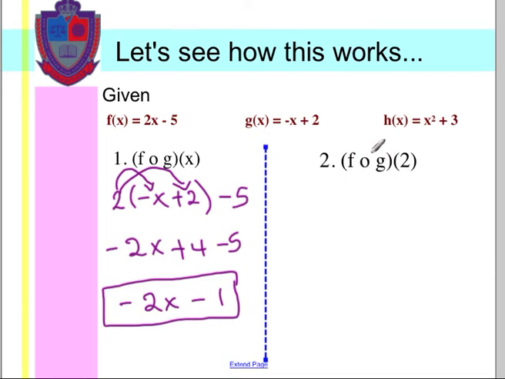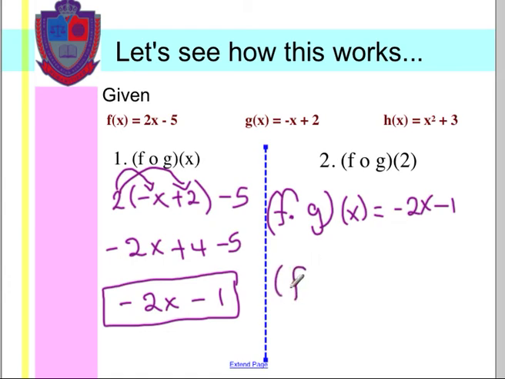Now, number 2 says I want to find f of g of 2. So it's almost the same thing, but now I'm evaluating it for the number in parentheses. As you can see, we found that f of g of x in the previous example was negative 2x minus 1. So now I want to find f of g of 2.